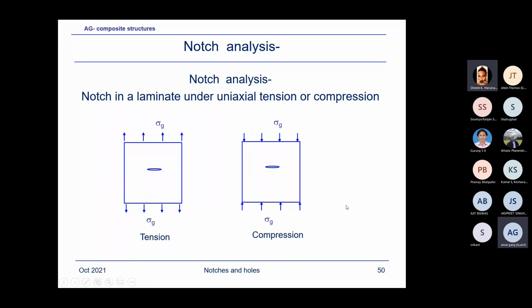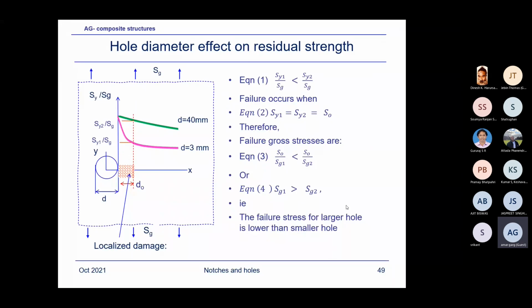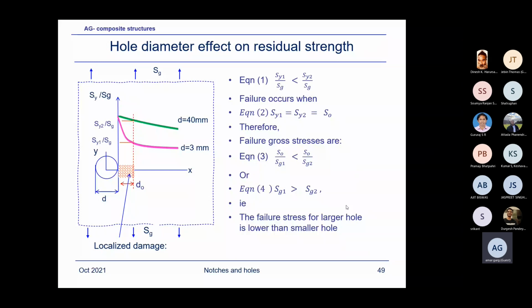Now, before I go further, are there any questions from the previous lecture, which was the hole damage in the laminate? We talked mainly about the point stress criteria, and we said it's a two-parametric semi-empirical approach.